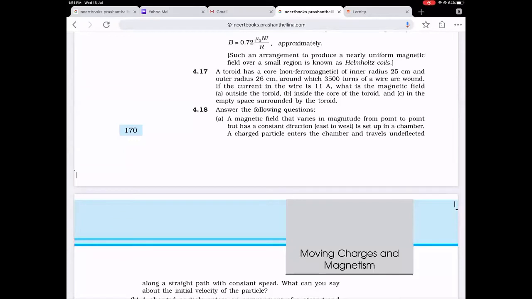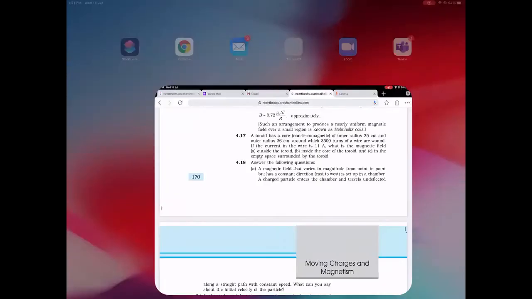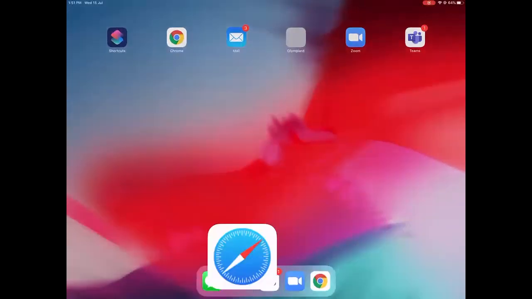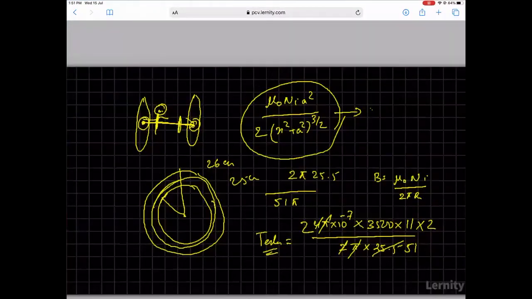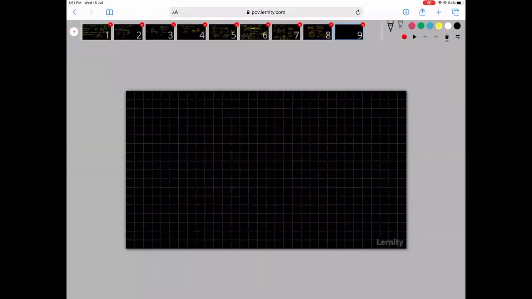In reality, suppose you have a toroid. I told you that even for a solenoid, the magnetic field outside is 0. Actually, it is not exactly 0. You can assume it to be a straight current carrying wire I and find out the magnetic field. It is simply mu naught I by 2 pi d.